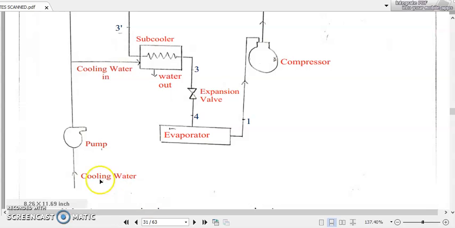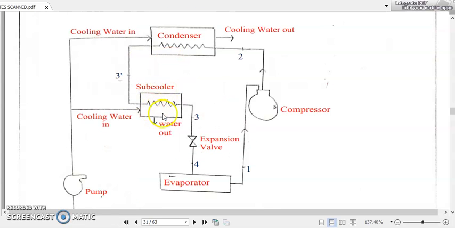This cooling water will be admitted inside the subcooler, and this cooling water circuit will be taking away the heat from the high temperature liquid refrigerant coming out of the condenser.